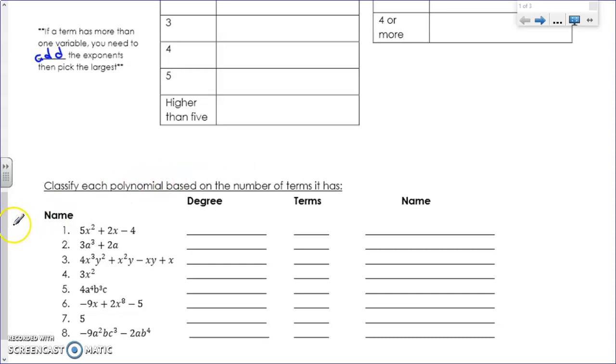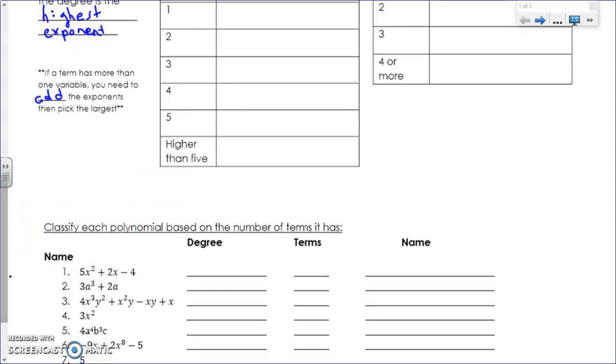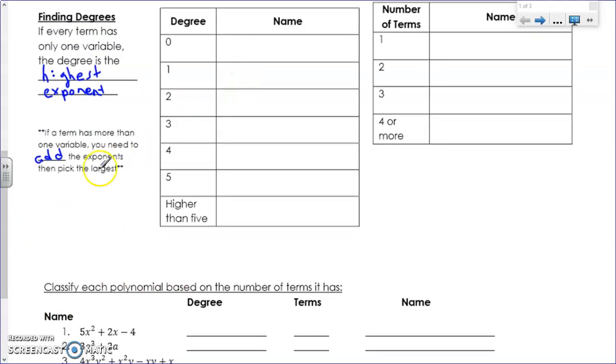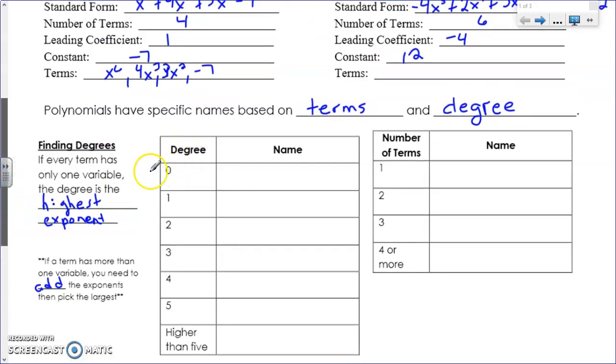Okay, so if we go back up here, and we have 0. Okay, that means there's no exponent, so there's no variable. So what do we call something with no variable? A constant.